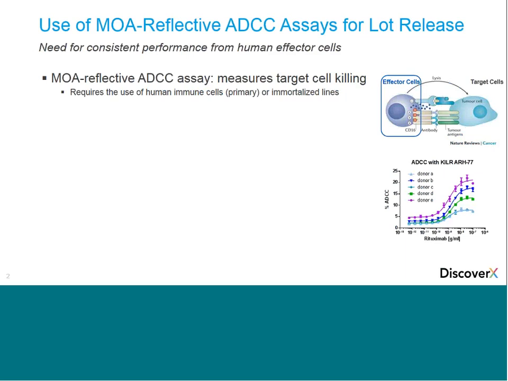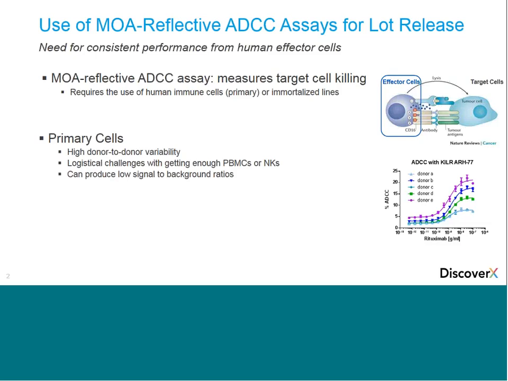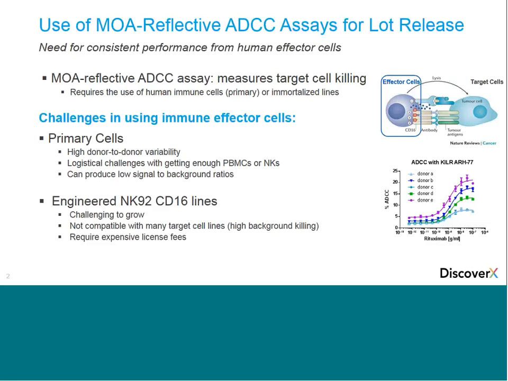But as we all know, such an assay would require the use of human immune cells, primary cells, or an immortalized cell line that is from an immune-derived cell type. And those of you who have worked in this space for a while realize the challenges in using immune effector cells in a quality environment.